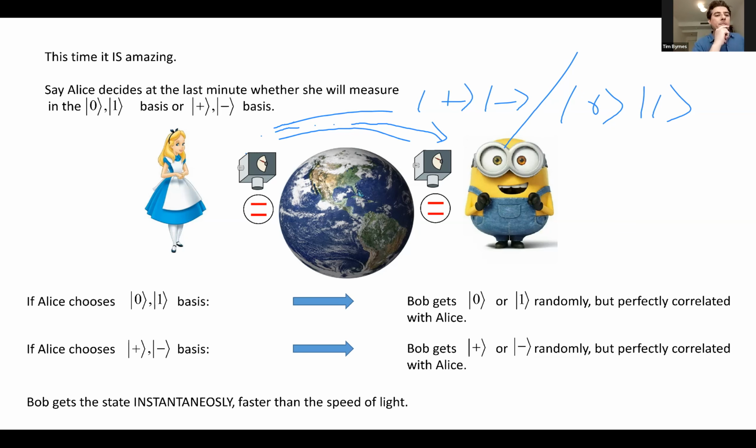So basically this is really very weird, because apparently there's this kind of correlation between Alice and Bob that is happening faster than the speed of light.